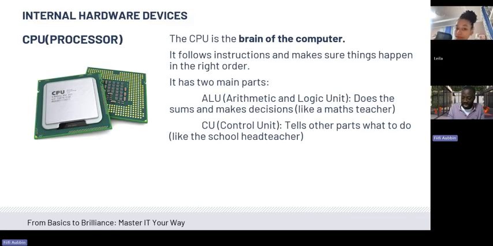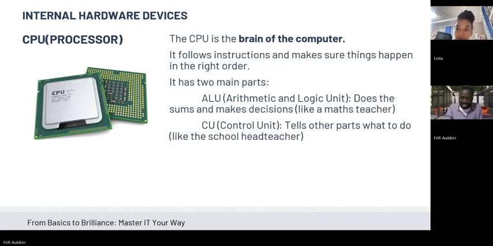The two parts are the arithmetic and logic unit, which does the sums and makes decisions like a math teacher. So if you are using Microsoft Excel, you want to add cells, perform some calculations, do some concatenations or VLOOKUP, XLOOKUP, and that is something we'll be looking at for your practical bits and even at the A level.